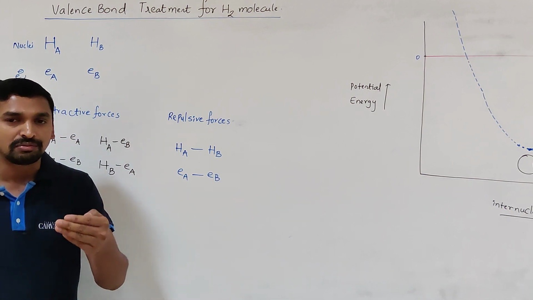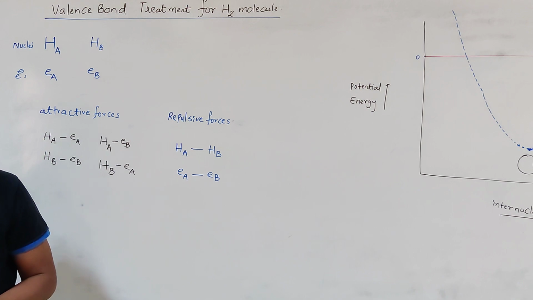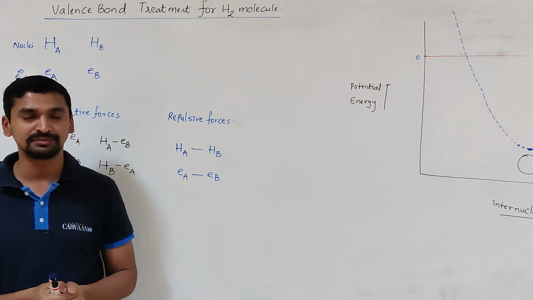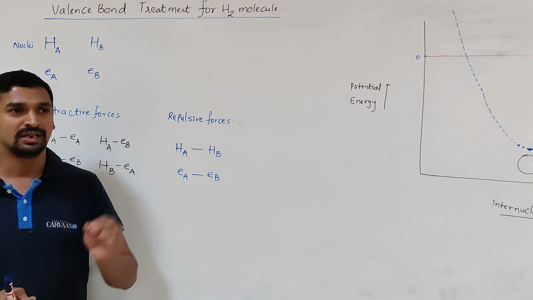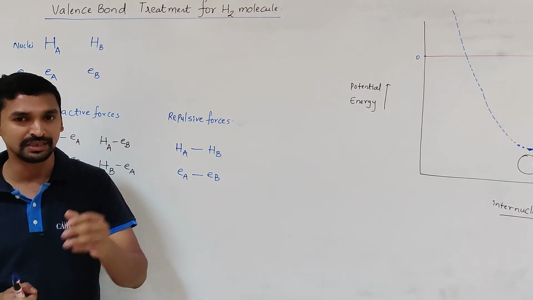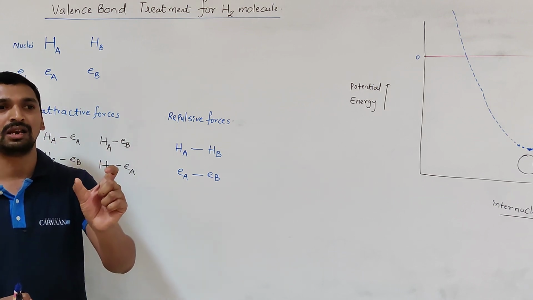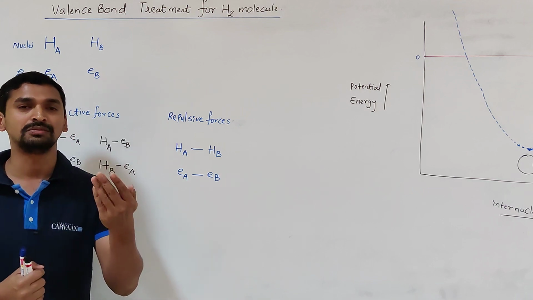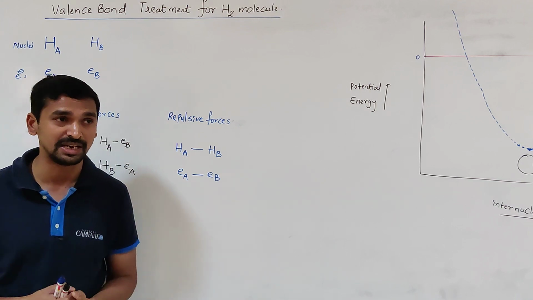In the formation of the most stable hydrogen molecule, the atoms are separated by a certain distance. At that distance, the attractive forces are equal to the repulsive forces, and the hydrogen molecule acquires a state of minimum energy, which is maximum stability.